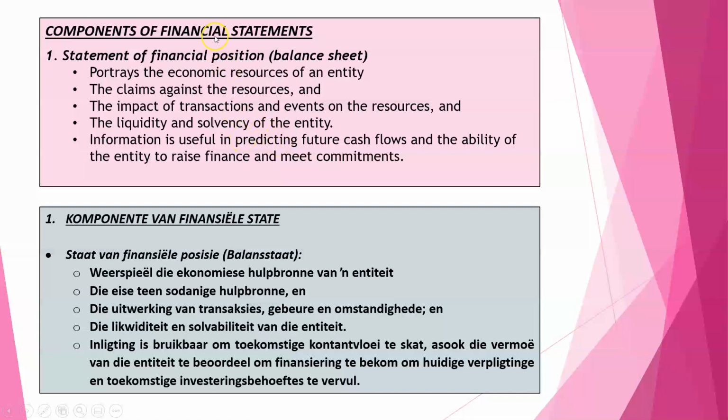How am I going to use my statement of financial position to predict future cash flows? Well, once more, if I have made use in the past of too much outside financing sources, it means I will have a huge interest liability that I have to service on an annual basis.